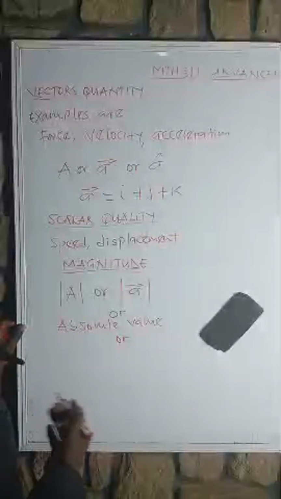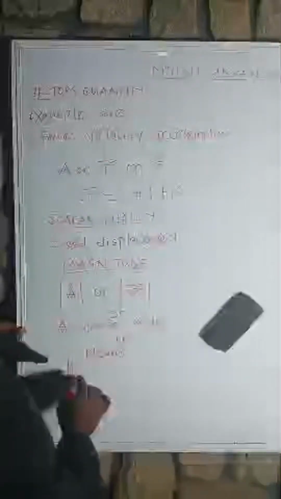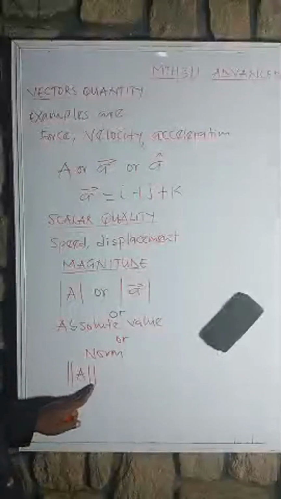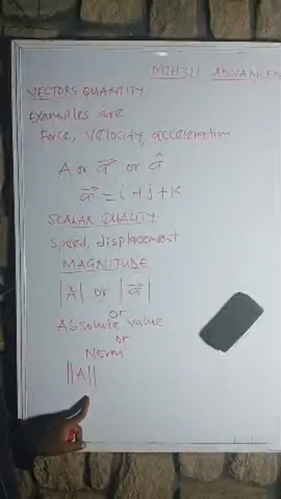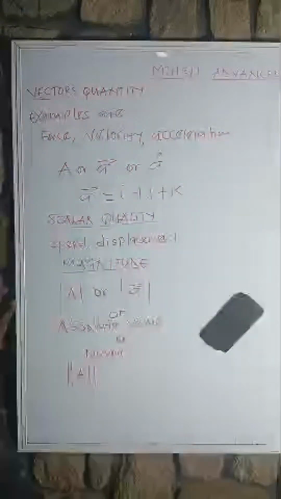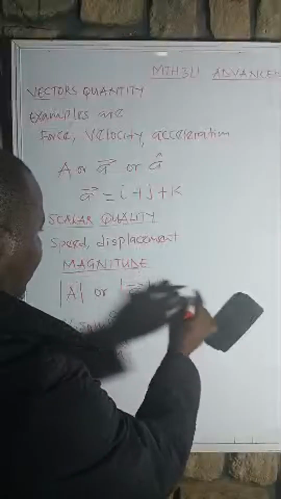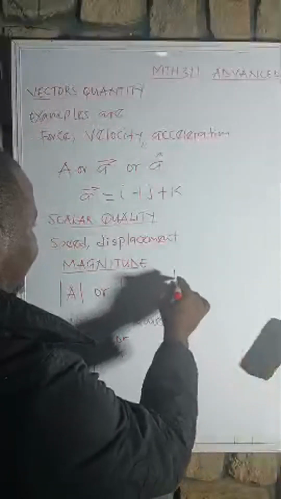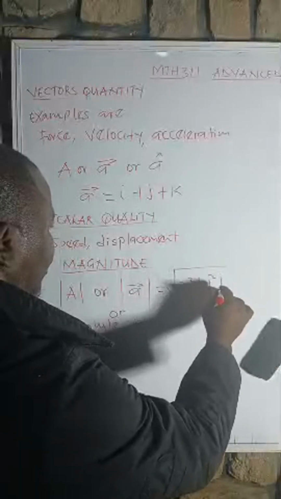But the norm is in this form. Is that clear? So if we are to find this, it is always in this form: x squared plus y squared plus z squared.